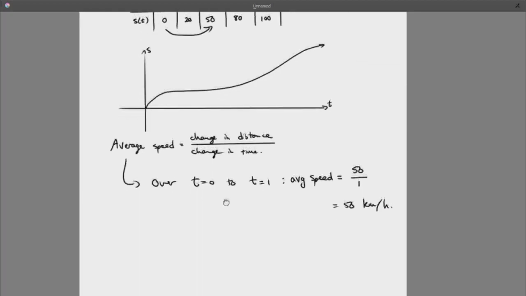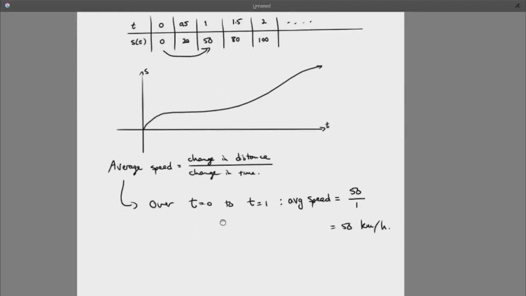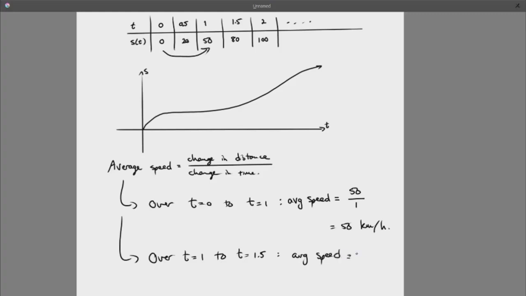For example, if I were to try and see everything, average speed maybe over time 1.5 to time, backwards. From time 1 hour to time 1.5 hours, then that average speed is again the change in the distance.